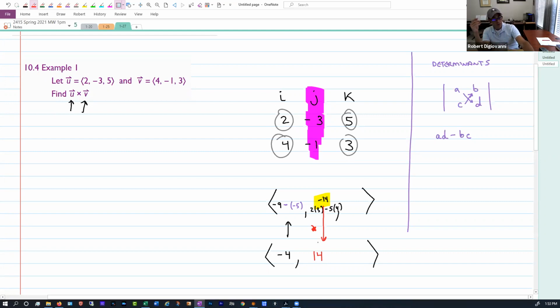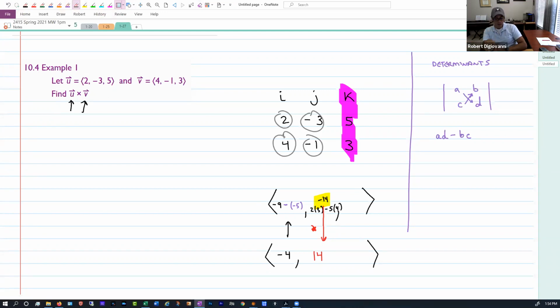Now, when we do the third piece, we're going to cover up the third one and do the determinant on these 4 numbers. And this one, we do not change the sign. You only change the sign on the middle one.